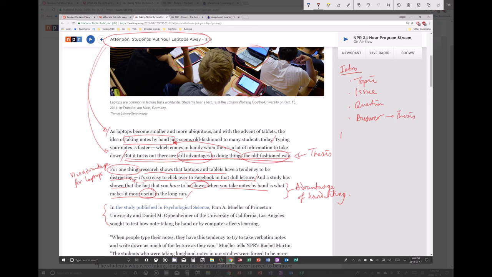Okay, and then you have your body paragraphs, and then it should have a topic, and then it should have some evidence. And then you have some sort of explanation for the evidence. And then you have some sort of concluding sentence to summarize the point. So some sort of supporting point.